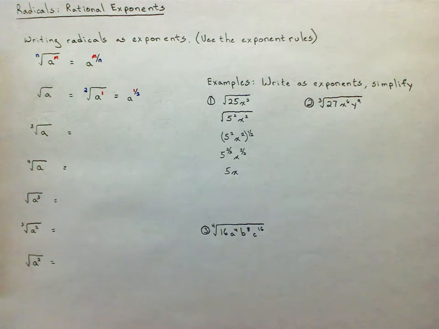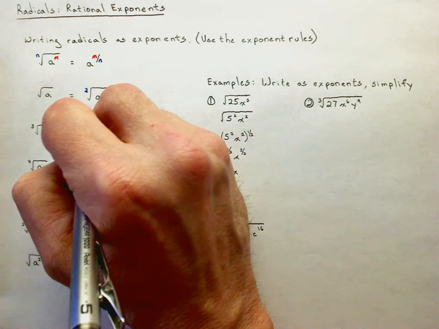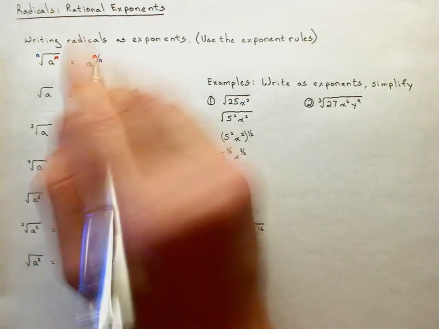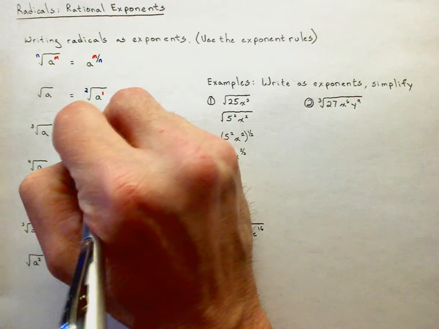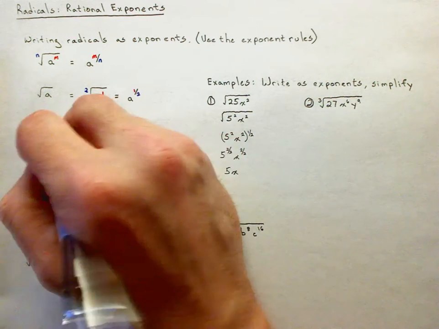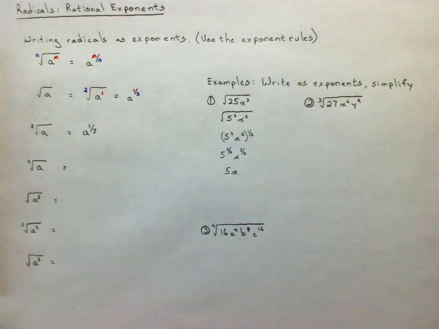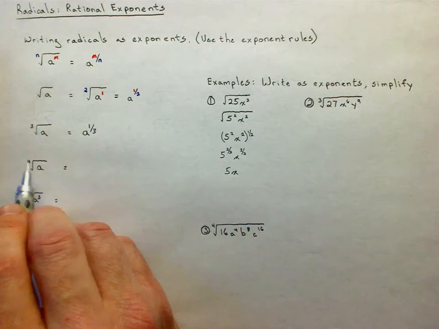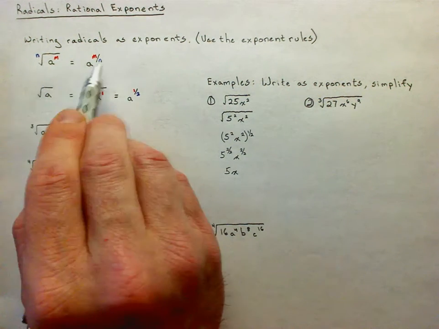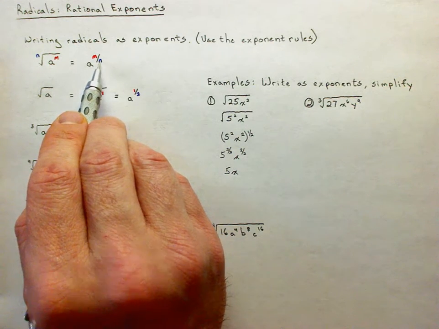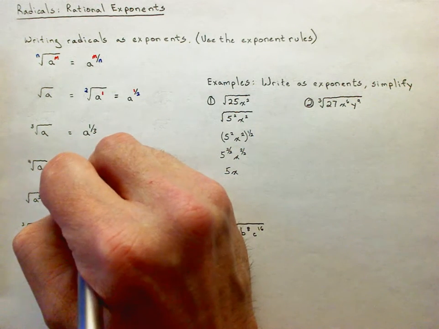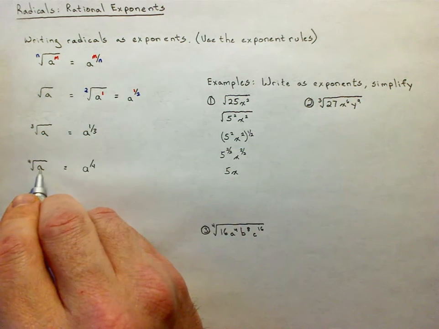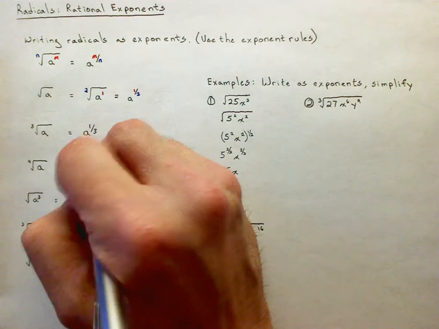Cube root of a. My root index is the denominator of that fraction, so I know that's going to be 3. My power, 1. The fourth root of a, well, my root index is going to be the denominator of that rational exponent, and the power of my radicand is 1.